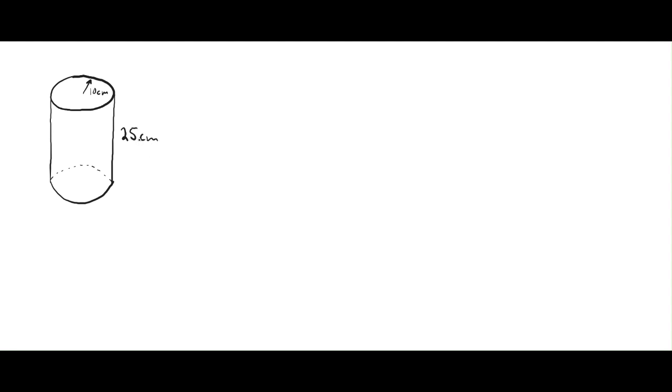Okay, so now let's go ahead and find the surface area first, and then we'll find the volume. When you find the surface area of a 3D shape, you want to look on the surface of that shape and see which 2D shapes make it up.